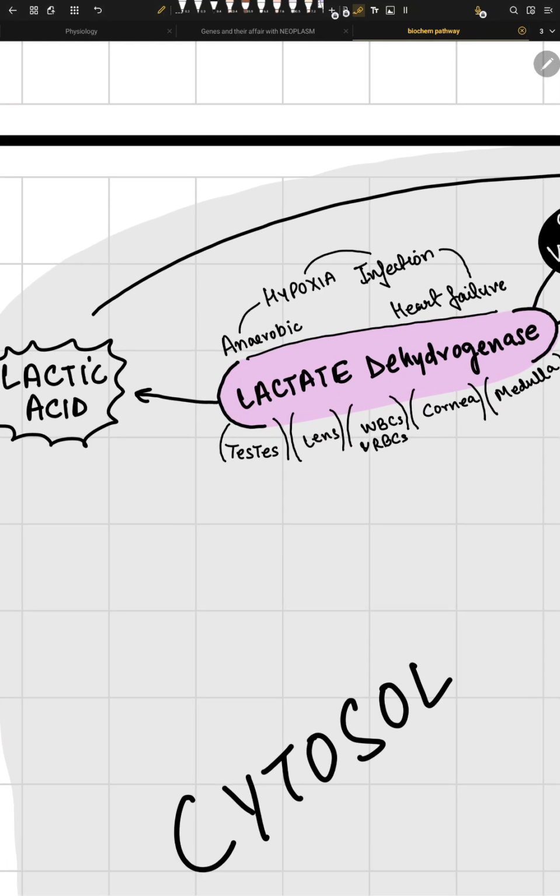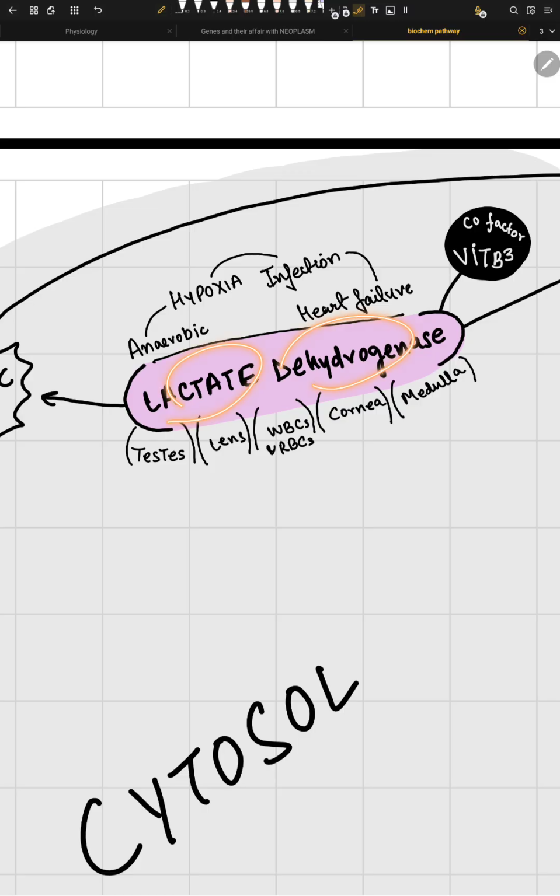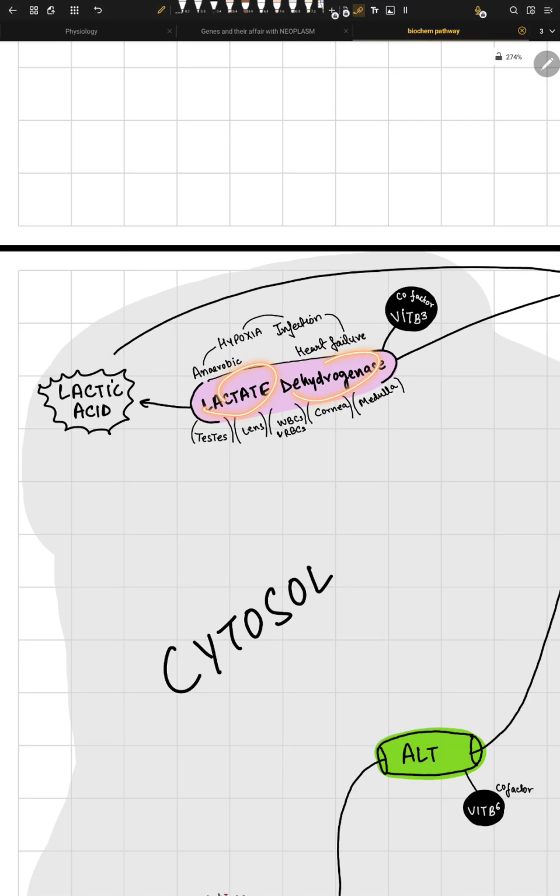In testes, it's really cool. What happens here is that germ cells have low O2 zones, okay? So germ cells have low O2 areas, and LDH maintains this. LDH is lactate dehydrogenase. So this lactate dehydrogenase maintains this glycolysis, okay?